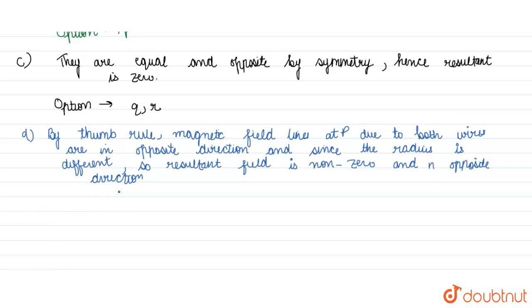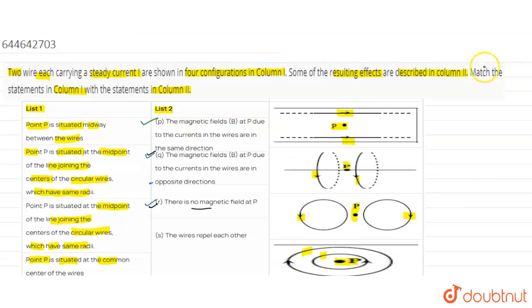So guys, as we move towards the options, we can see which option is right. So this option is not true for this because this is in the opposite direction and this is no magnetic field.